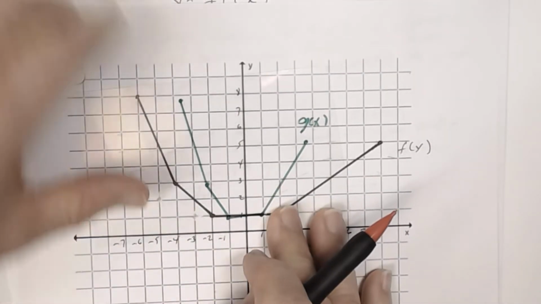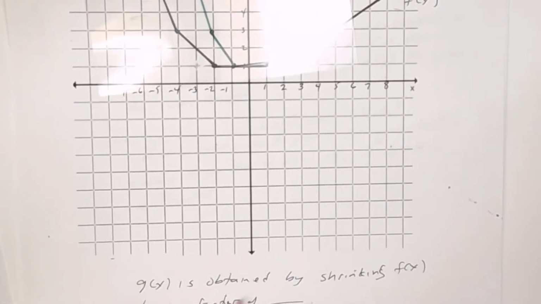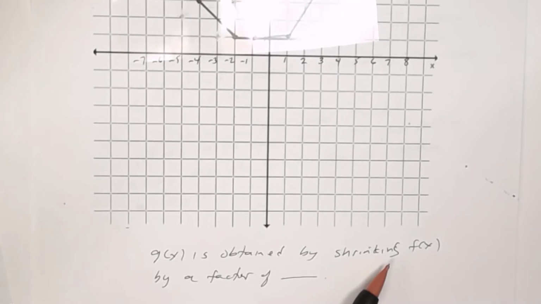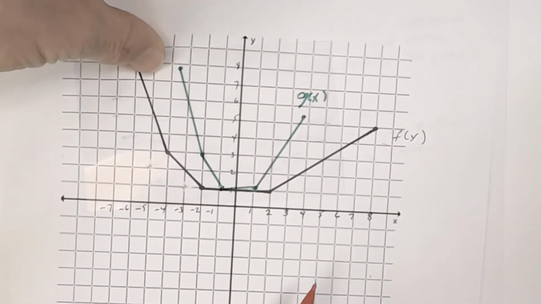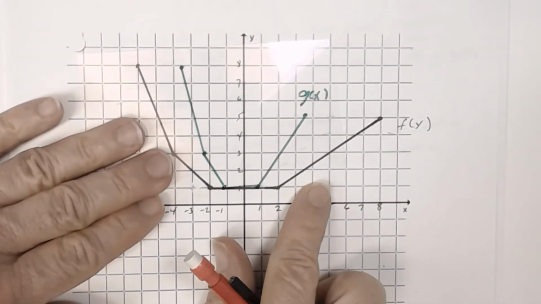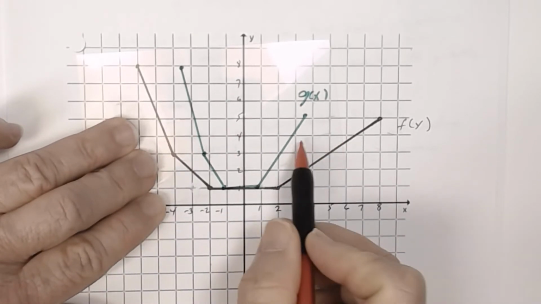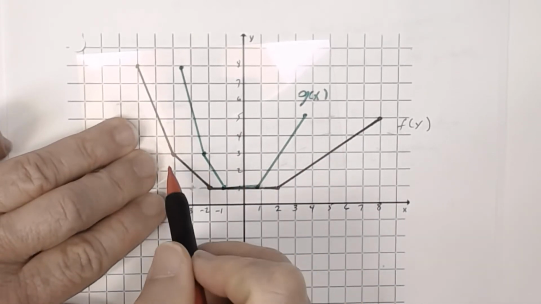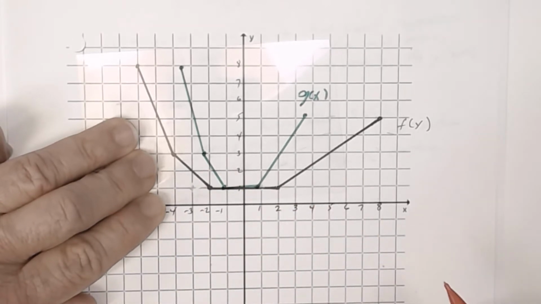All right, so the way we describe this is this. We say that g of x is obtained by shrinking f of x by a factor of some number. Now remember, that's a shrinking. So we know that when we take our function and we move every point towards the y-axis, that's considered a horizontal shrink.